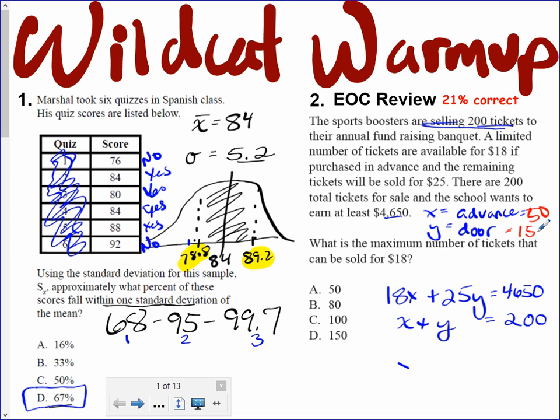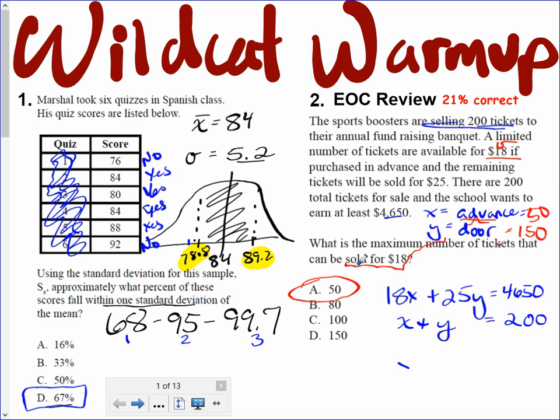But apparently y'all already know everything. If x is the advance tickets, you just need to look which one was sold for $18. Yep, a limited number of tickets for $18. Those are advance tickets. Okay.